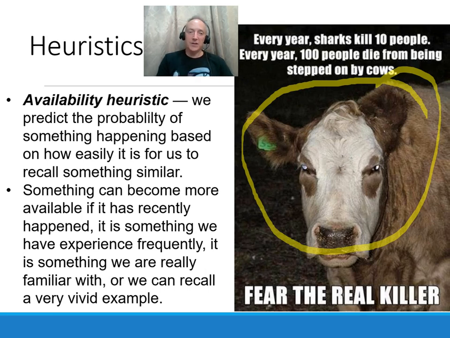So the availability heuristic means that we predict the probability of something happening now based on how easy it is for us to recall something similar. Now, again, just because something is easy for you to think about does not mean it's the right thing in this situation, but we still use it.